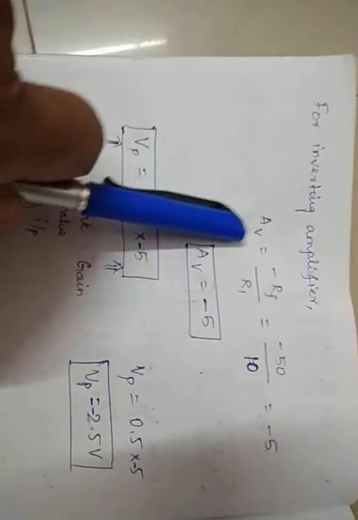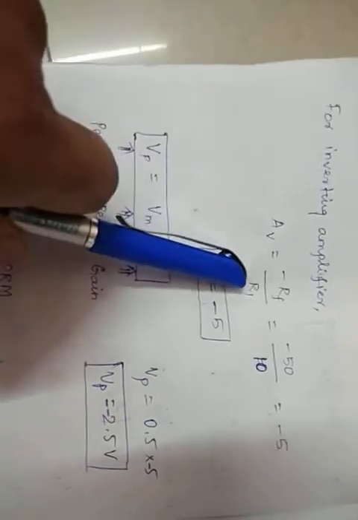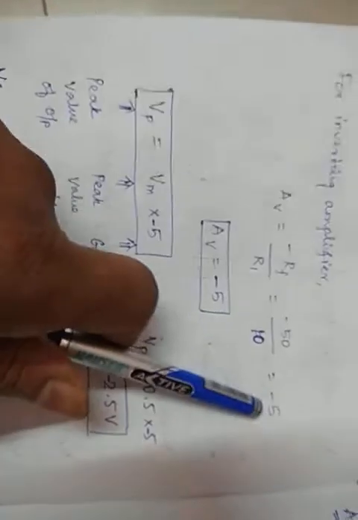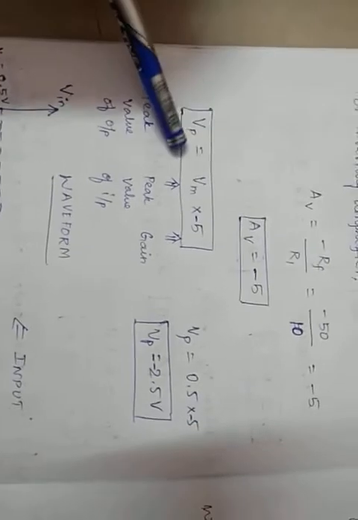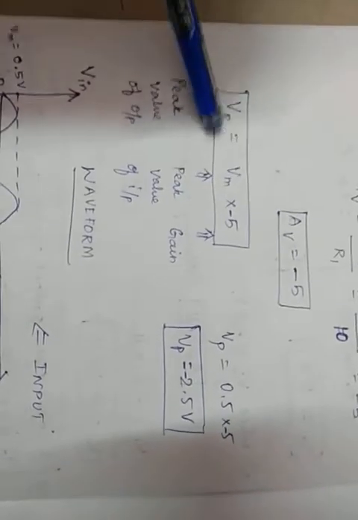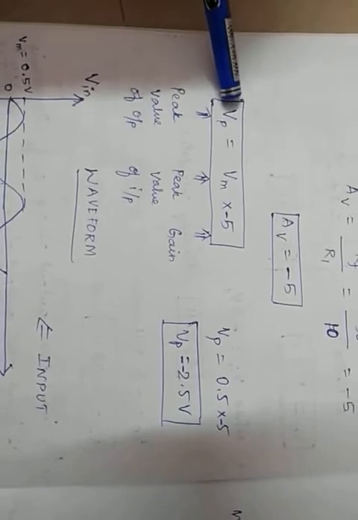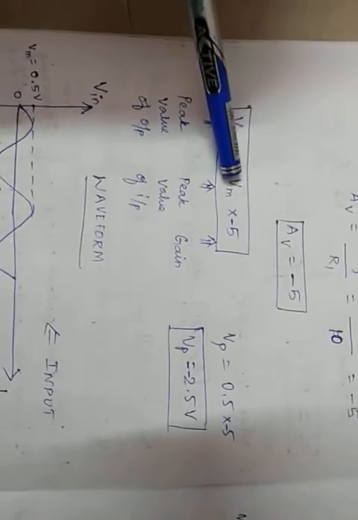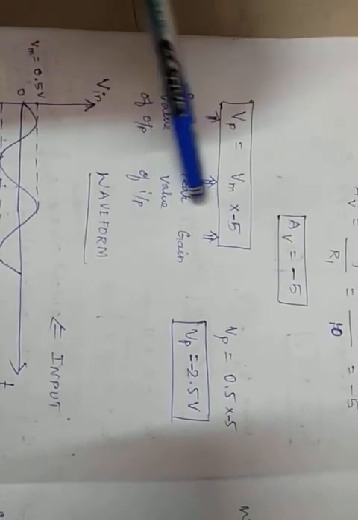See, the inverting amplifier gain AV equals minus RF by R1. This we know already. So minus 50 divided by 10, so minus 5 is the voltage gain. And output voltage equals gain into input voltage. In the same way, peak of the output is equal to peak of the input into gain.